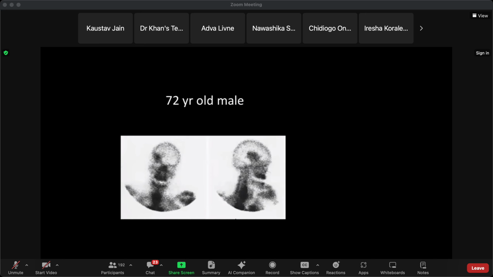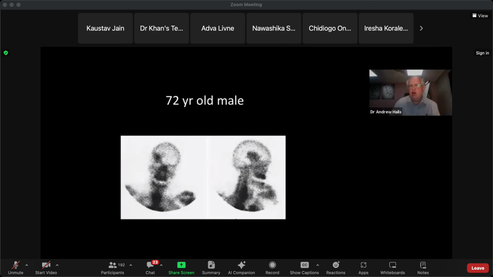There is also increased density in the nasal sinuses, but I think that could be within normal parameters. Yes, I think the nasal sinuses are within normal parameters. We've also got a bit in the teeth, but you very frequently get a bit of dental disease.